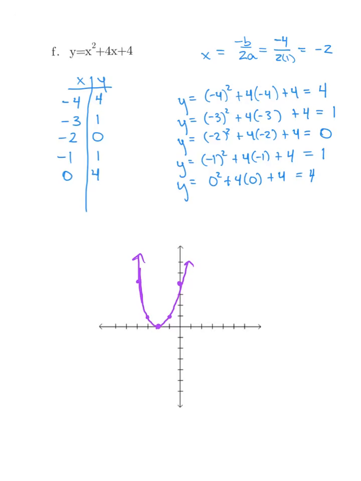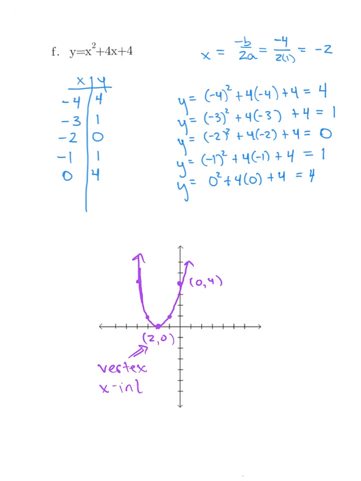I want to label my key points, and this one only has 2 key points because here my vertex and my x-intercept are the same thing. If your vertex is on the x-axis, then you will only have one x-intercept.